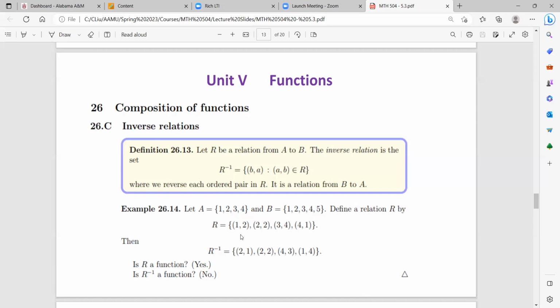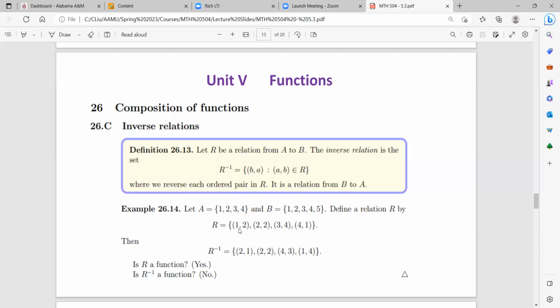All right. So then the question is, if R is a function, is the inverse relation also a function? And you can see from this example that's not the case. First, R is actually a function.